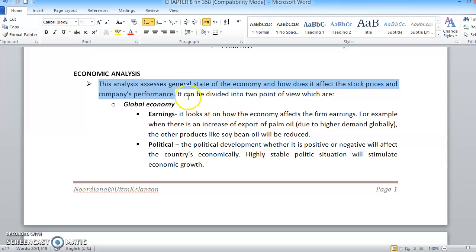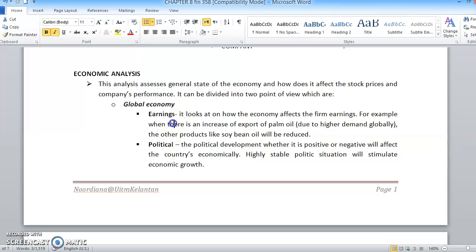In economic analysis, it can be divided into two main points of view. The first is in terms of global economy, where we look at the economy of the whole world, seluruh dunia.